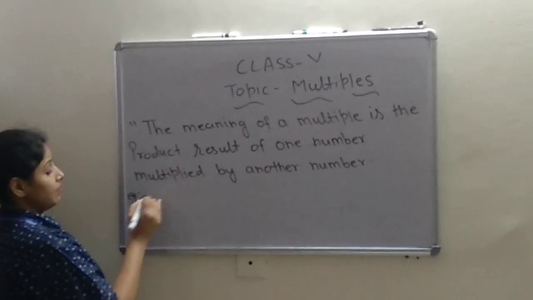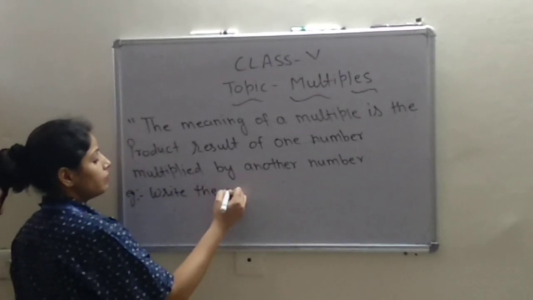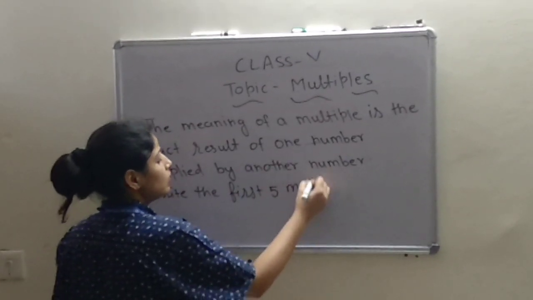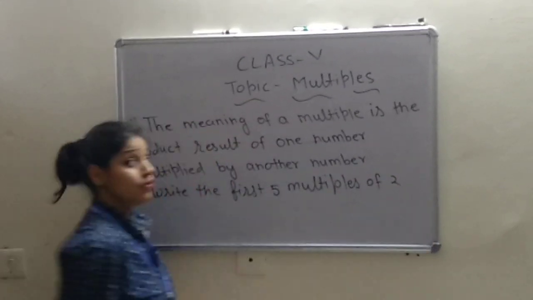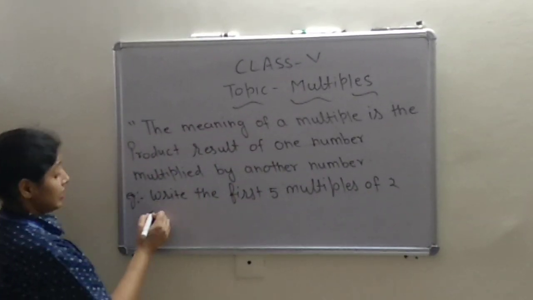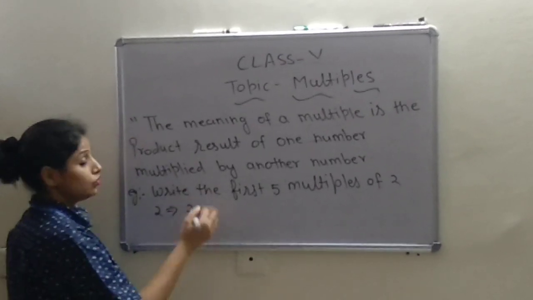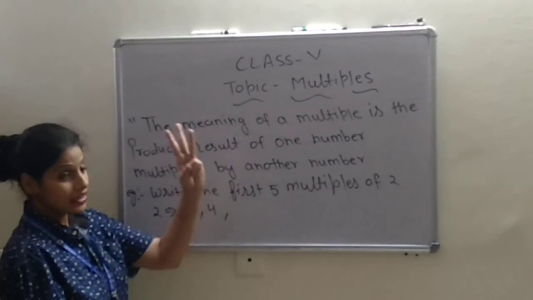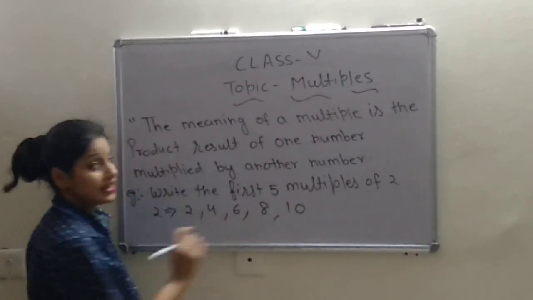So the question will be: write the first 5 multiples of 2. First 5, that means 2 ones are 2, 2 twos are 4, 2 threes are 6, 2 fours are 8 and 2 fives are 10.